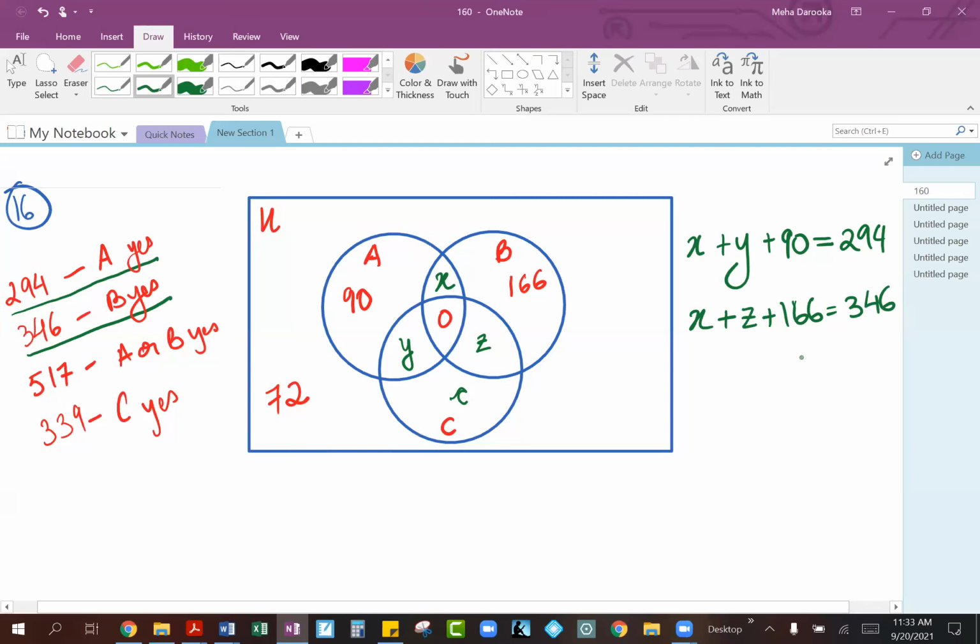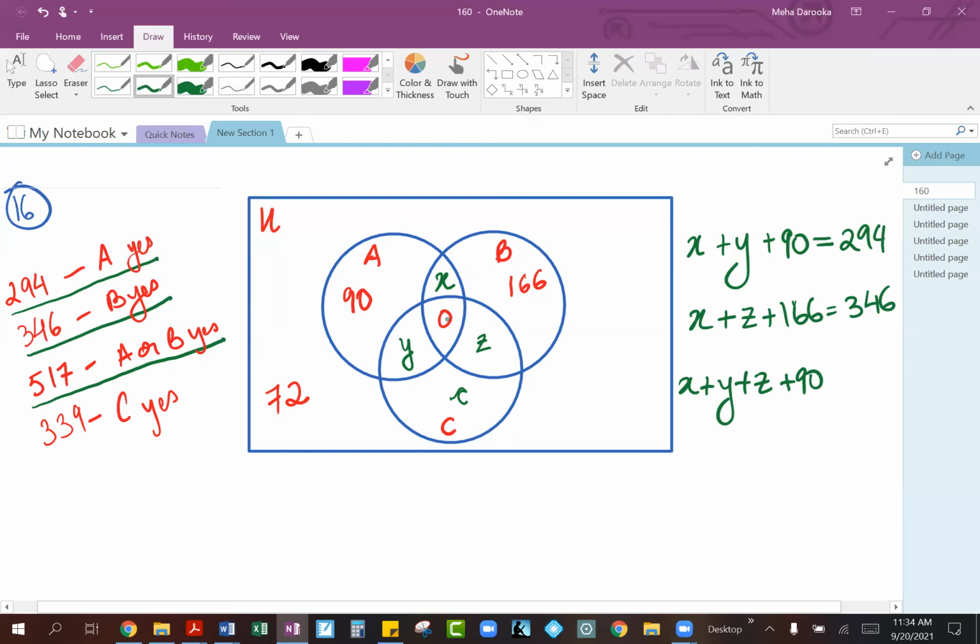And then they are also telling us 517 people voted yes on A or B. So if you look at the total between the two A and B circles, that would be X plus Y plus Z plus the 90. So I've got X, Y, Z, those are my overlapping sections.